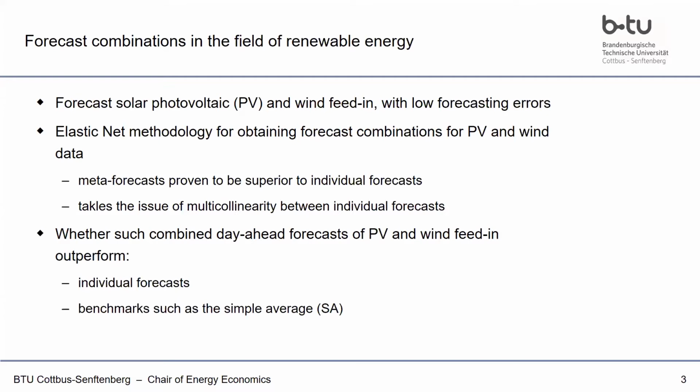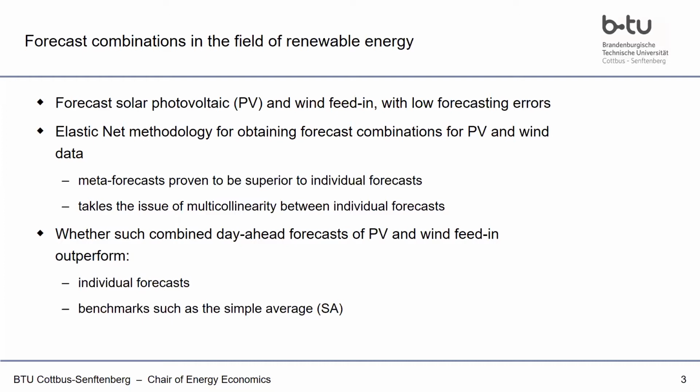Here is our research question. Forecast combinations in the field of renewable energy. Forecast solar photovoltaic and wind feed-in forecasts with as low as possible forecasting errors. That is the goal of our research.